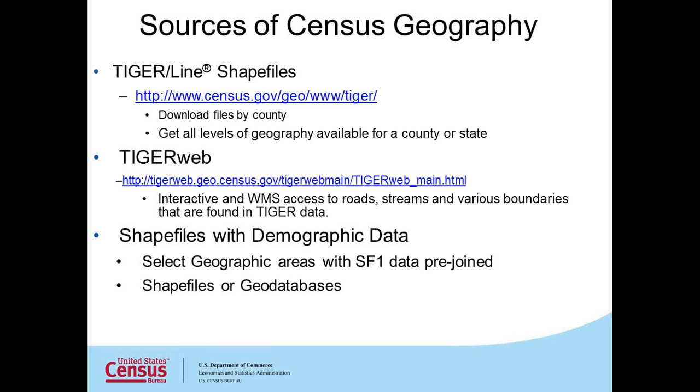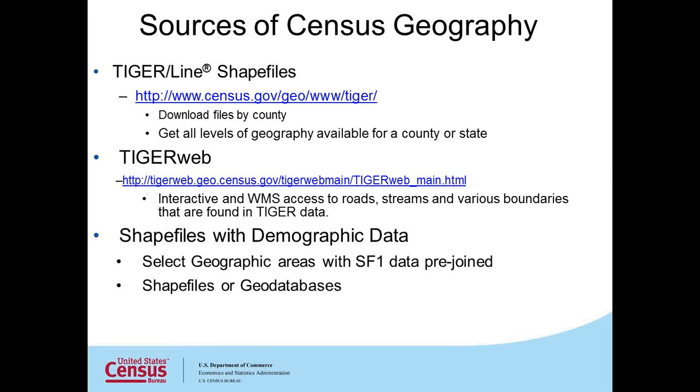There are a lot of different iterations of these data these days, and I'm going to talk about those now. When I say Tiger in a public setting, I'm talking about any number of products that are built from our Tiger system. But you need to be aware that there are a lot of options open to you as data users about how to go about getting the data that you need.